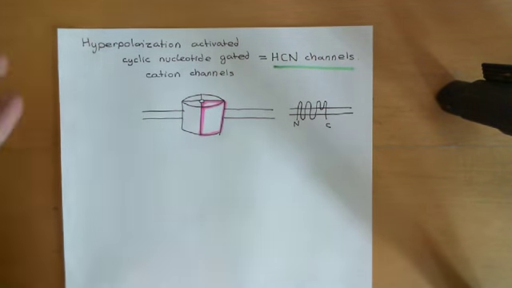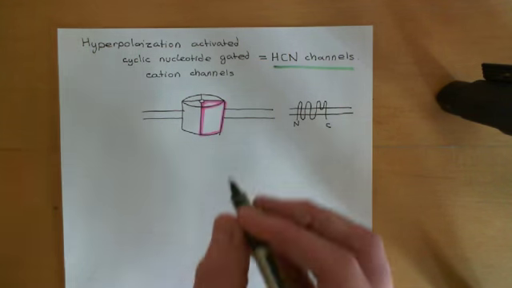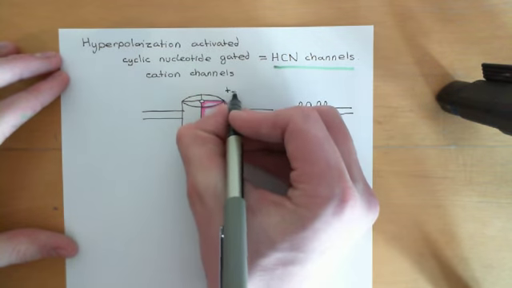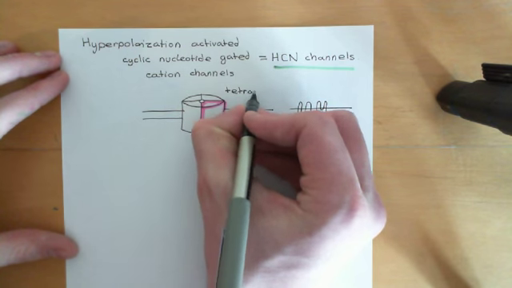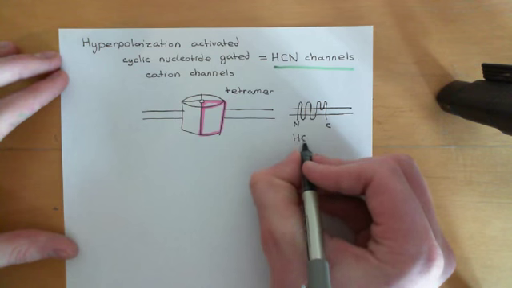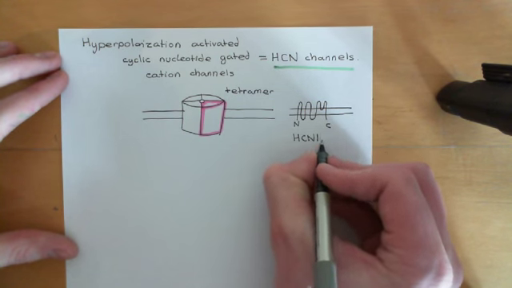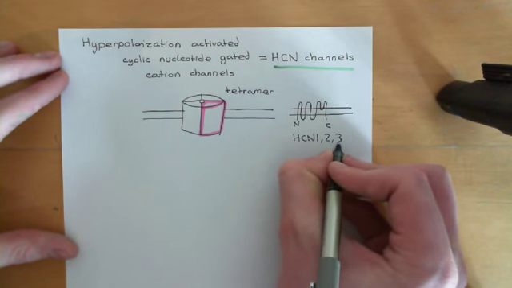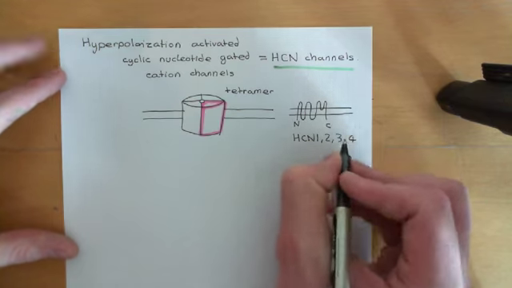Now when you want to build an HCN channel, there are multiple different types of HCN subunits that you have available in order to build a tetramer. In fact there are 4 different types of HCN channel subunits that are available, which are very nicely labelled up: HCN1, HCN2, HCN3, and HCN4.